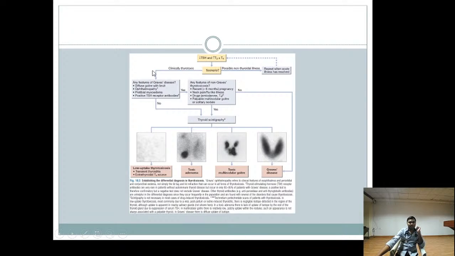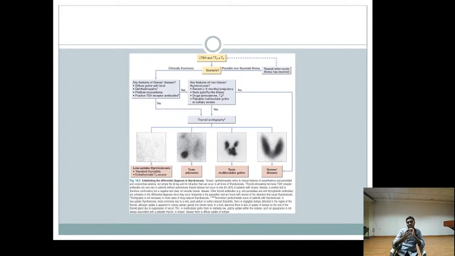Then you should look for features of Graves' disease, as we have discussed earlier, that is diffuse goiter with bruit or ophthalmopathy or pretibial myxedema and positive TSH receptor antibodies.